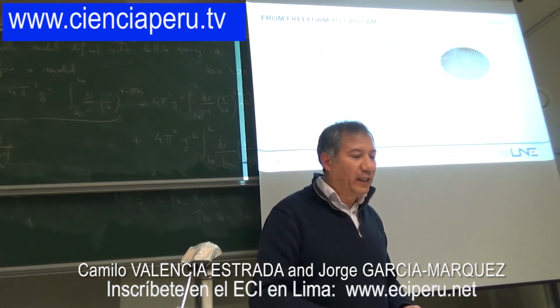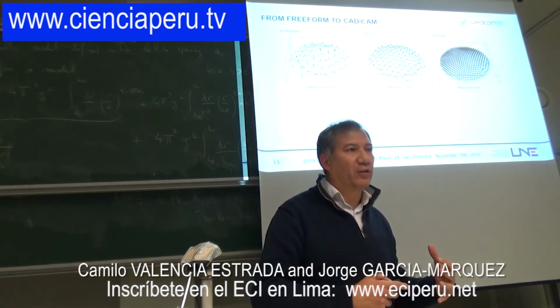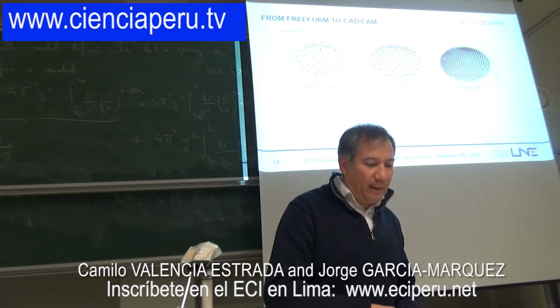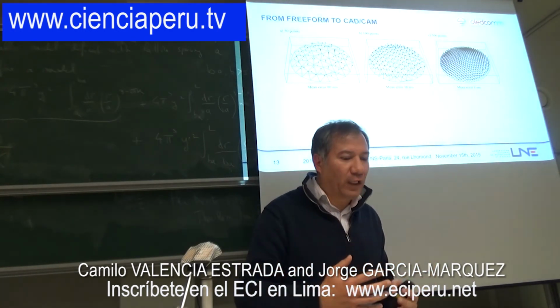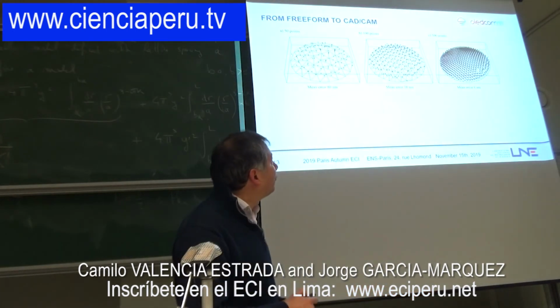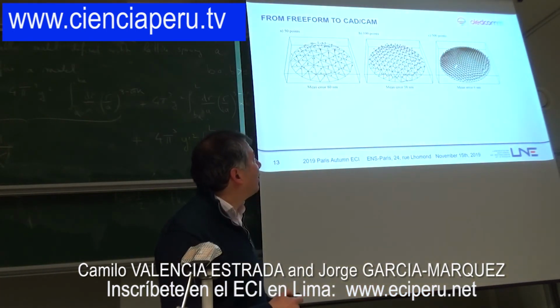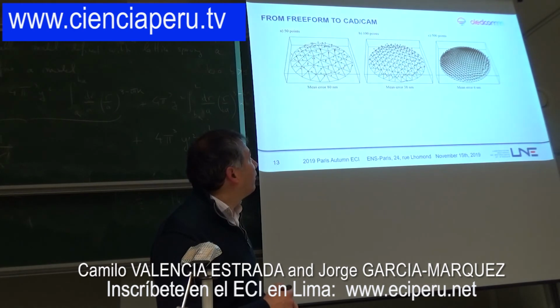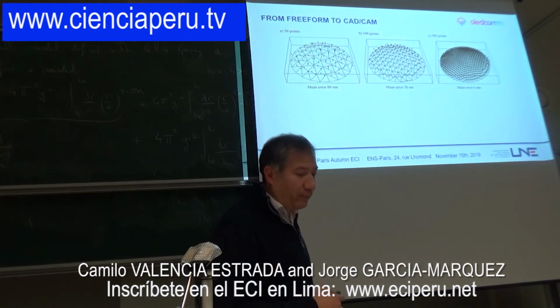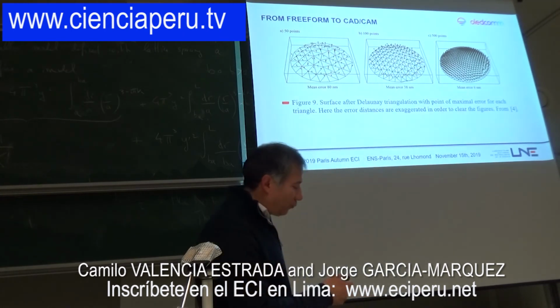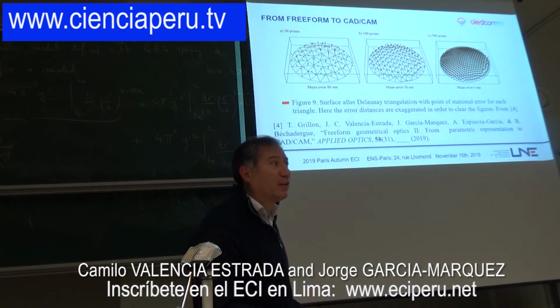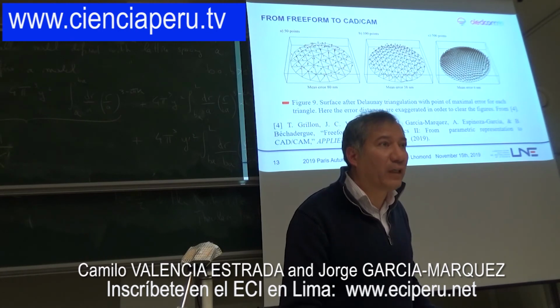We should send the cloud of points to the machine, and to guarantee that the surface has a good quality, we can use a lot of points. In this case, there are 500 points. Here, 500 or 100 points. And look that the error is very small, 6 nanometers. And this is perfectly manufacturable.